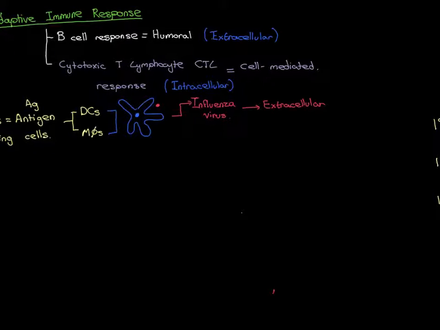So, I'll stick to the red pen here. So, it chops up the pathogens' proteins, and then it's going to present them on its surface. So I'll just put a little bit of membrane of the dendritic cell here. So this can represent one of the dendrites of the dendritic cell. What's now going to happen is I'll get a new colour. We'll have green here.